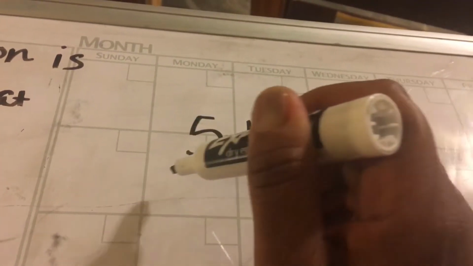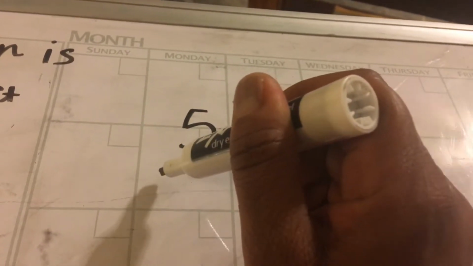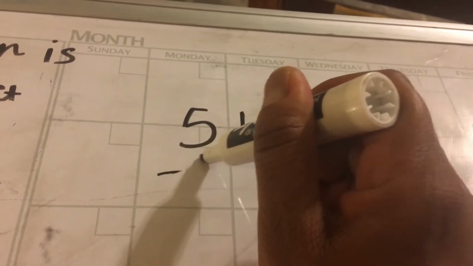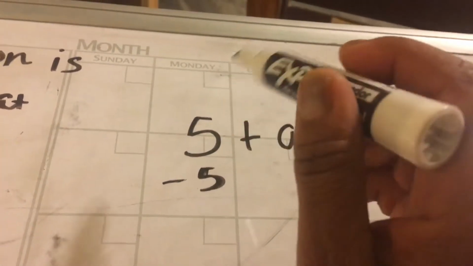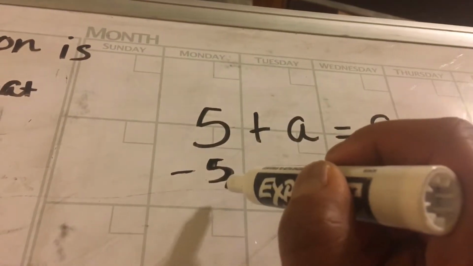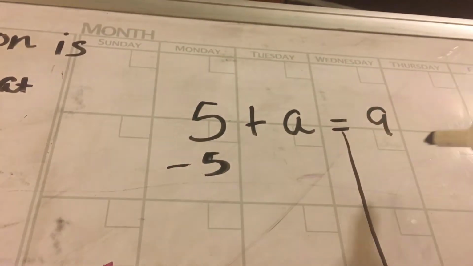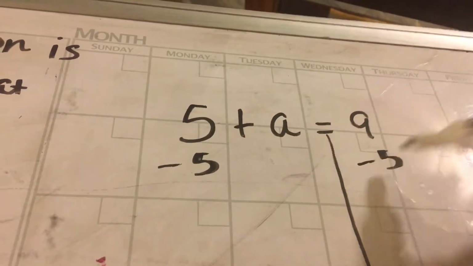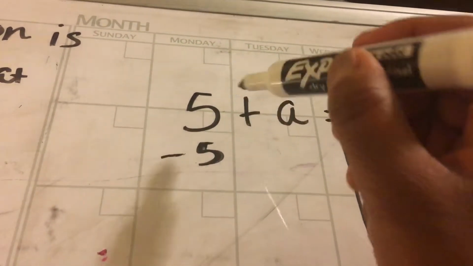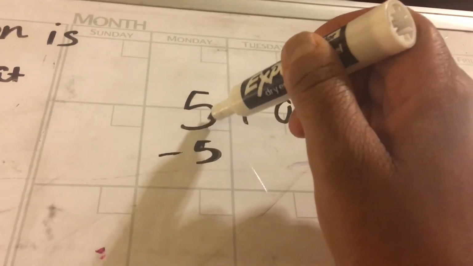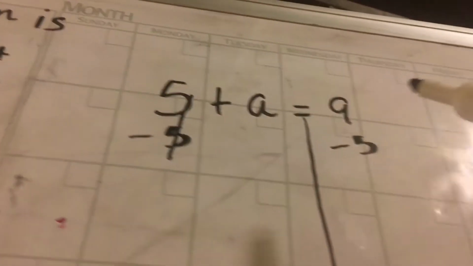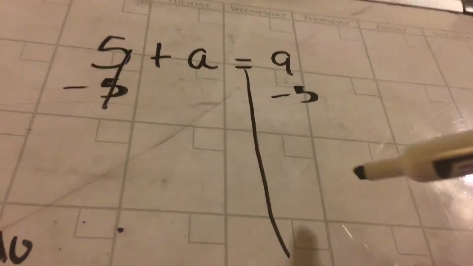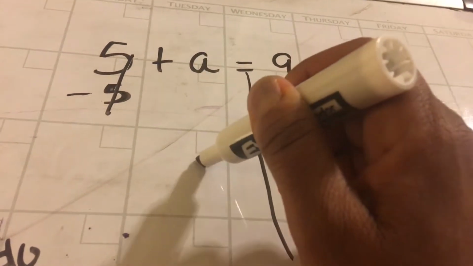When we take the inverse operation, we're going to make the 5 a negative 5. And since we put a negative 5 on this side, now we must also put a negative 5 on this side. So we know that the 5s will cancel out. So all that's left now is just our a.